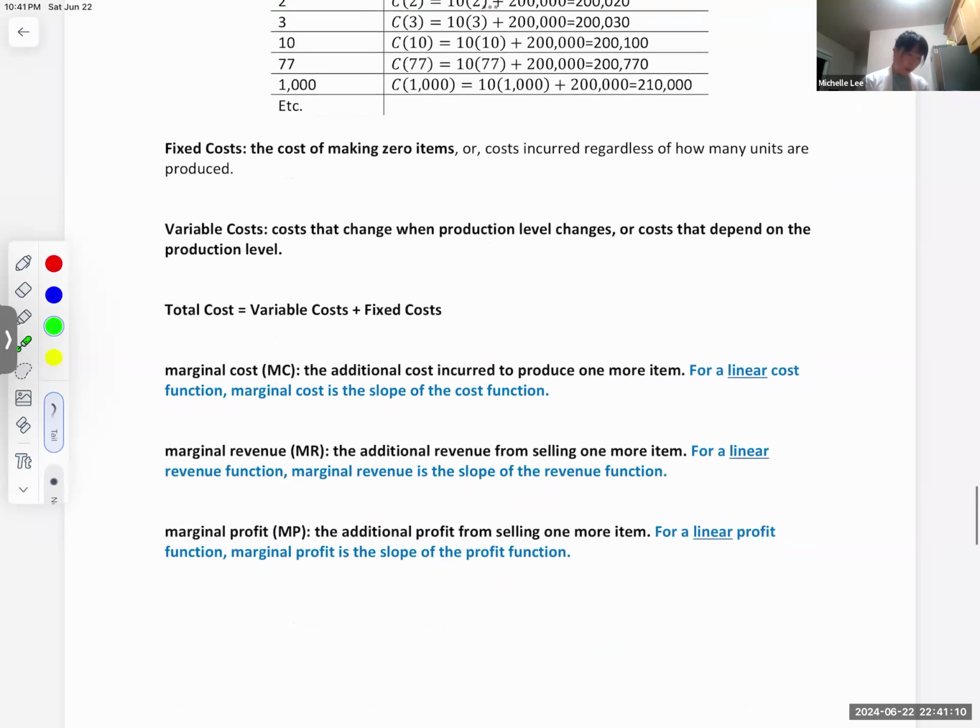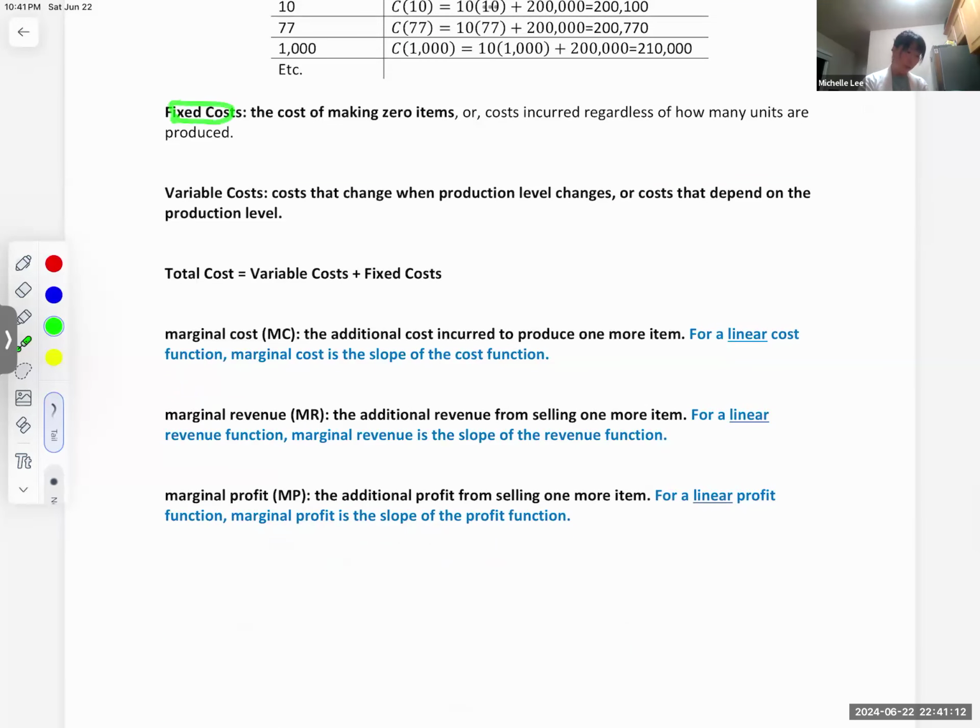Okay, now the terminology. Fixed cost: the cost of making 0 items, or the cost incurred regardless of how many units are produced. So let me write down.